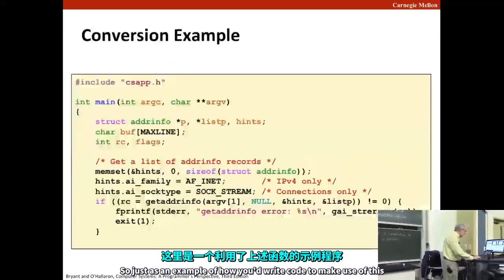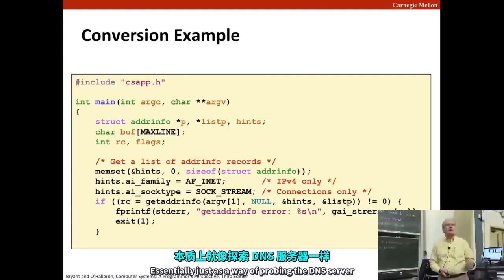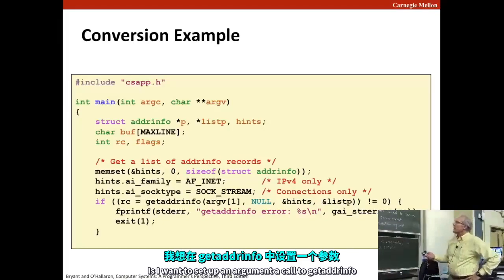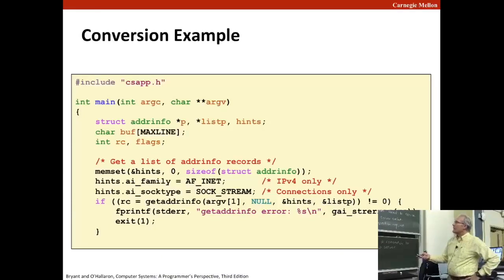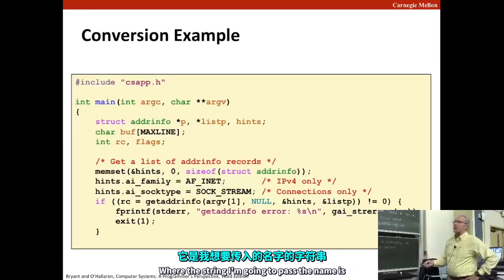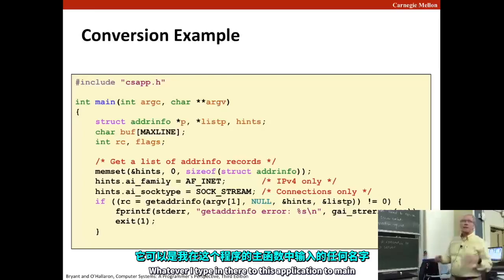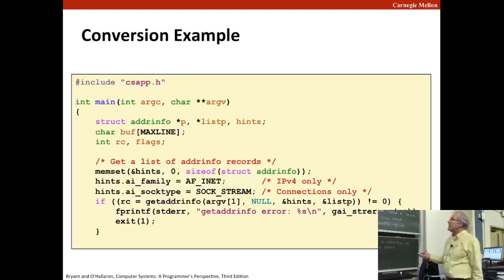So, as an example of how you'd write code to make use of this, and essentially just as a way of probing the DNS server, I want to set up a call to getAddrInfo where the string I pass as the name is whatever I type in to this application, to main.